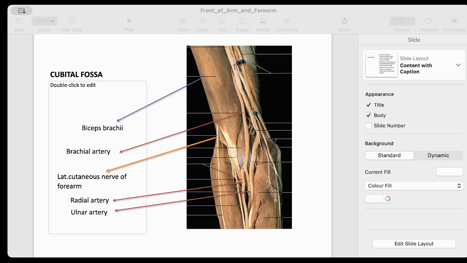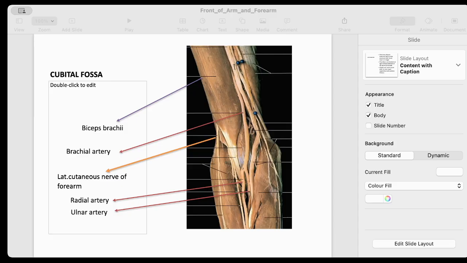Pronator teres inserts to the mid-lateral radius. Flexor carpi radialis inserts to the base of second and third metacarpal. Palmaris longus inserts to the palmar aponeurosis. And flexor carpi ulnaris inserts to the pisiform, hamate, and fifth metacarpal. Pisiform and hamate are wrist bones.